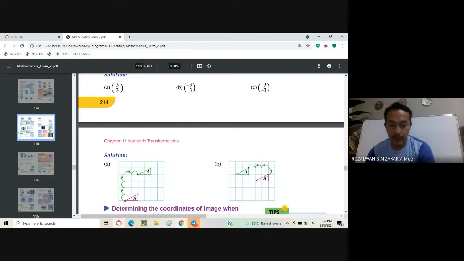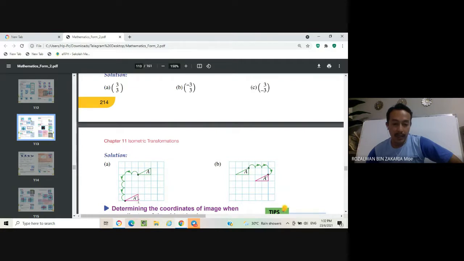Then the last point, you also move with the same translation: 2 units to the left, 1, 2, then 4 units downward, 1, 2, 3, 4.